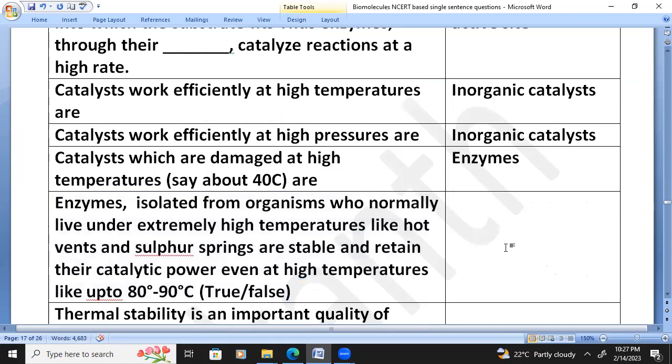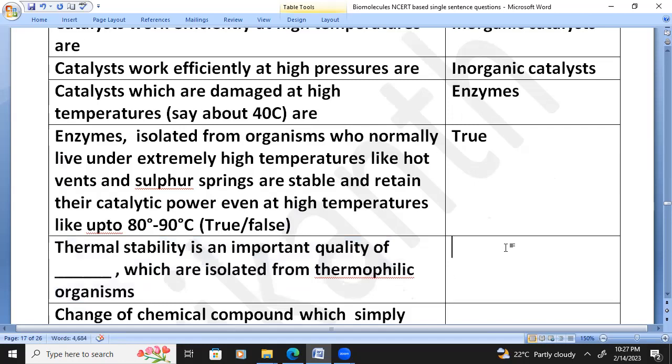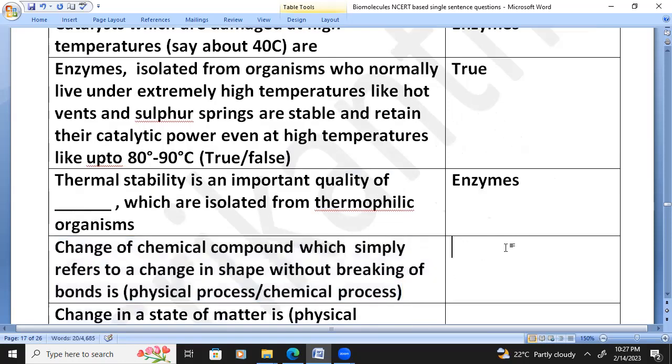Enzymes isolated from organisms who normally live under extremely high temperature, like hot vents and sulfur springs, were stable and retain their catalytic power even at high temperatures like 80 to 90 degrees centigrade. Yes, true. Thermal stability is an important quality of enzymes which are isolated from thermophilic organisms.